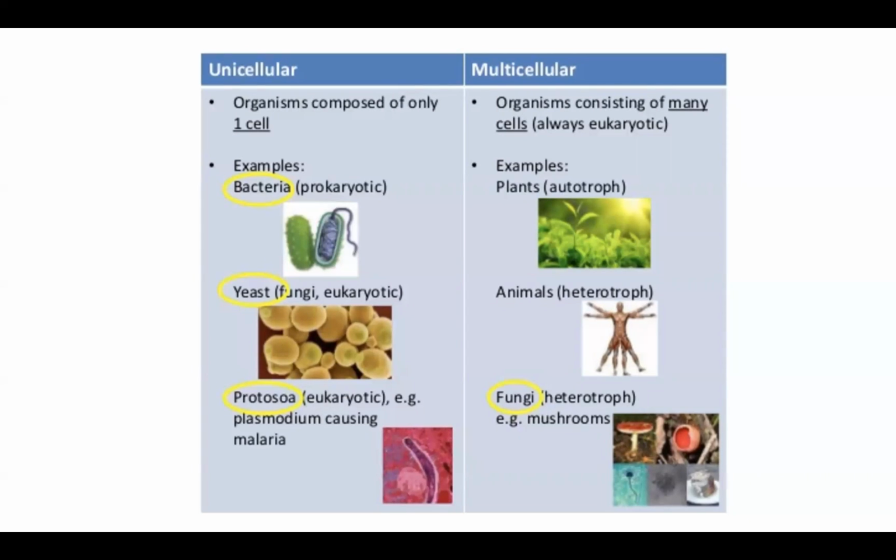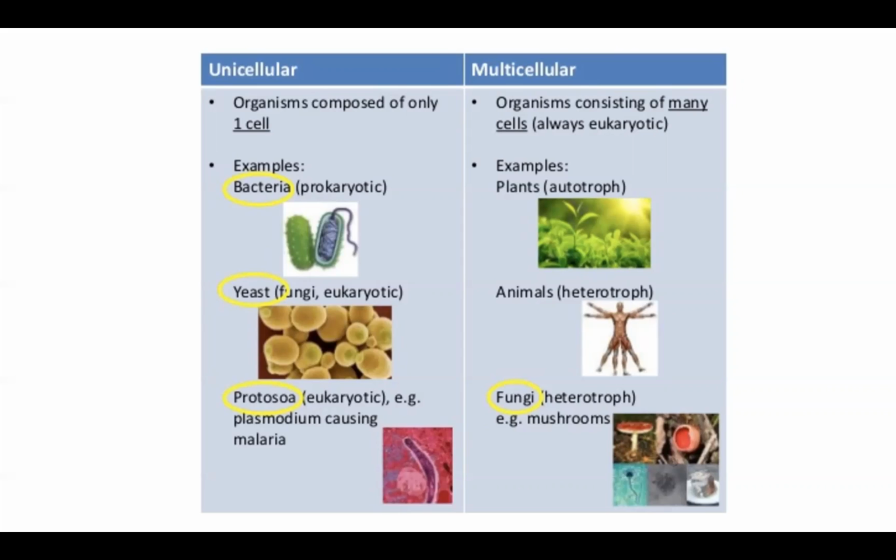All right, then there are yeast. Yeast are a type of fungi, right? They're unicellular, but they're not prokaryotic, all right? Oftentimes students mix up and think that all unicellular organisms are prokaryotic. That's not true, all right? So yeast are a type of fungi. And then we have protozoa, all right? These are the unicellular eukaryotes, all right? They cause a lot of problems when you think about diseases in less developed countries, things like malaria.